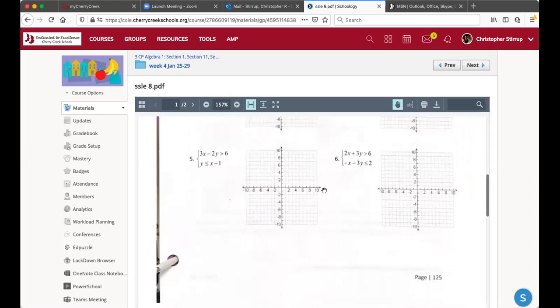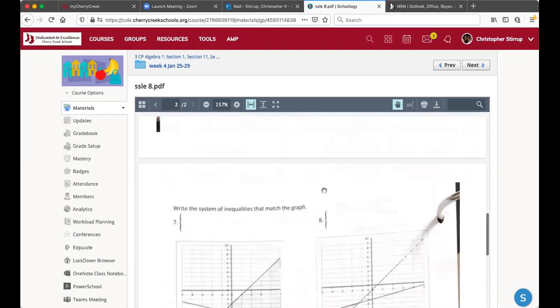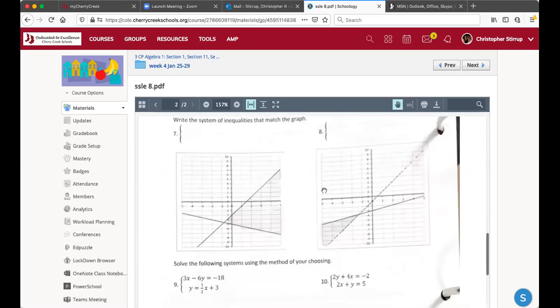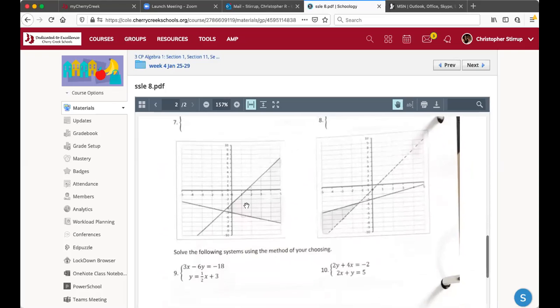All right, I'm going to move down. So then I need you to do number 7. Where this hand is at is the shaded region on number 7. You should be able to see that on your own worksheet if you have it. So down here is the shaded region.